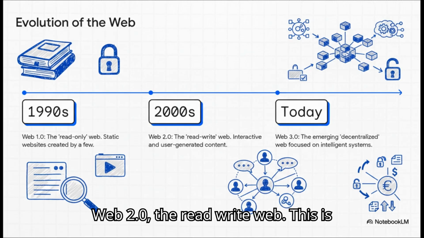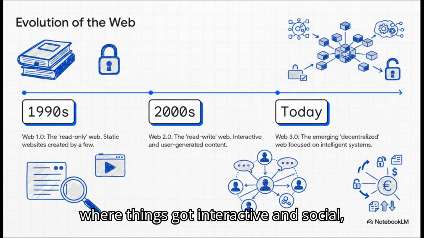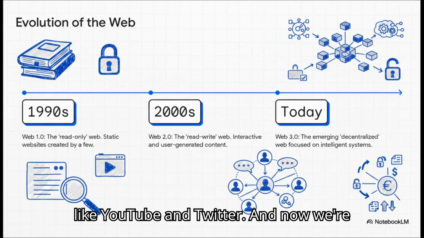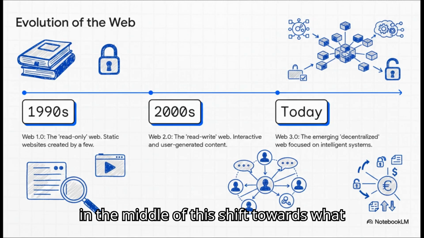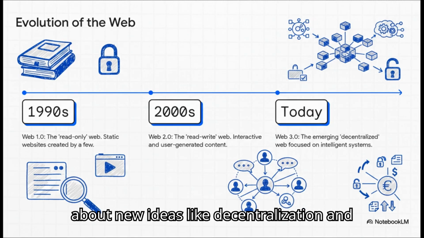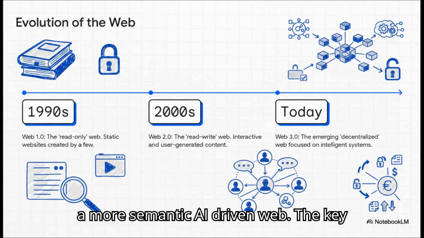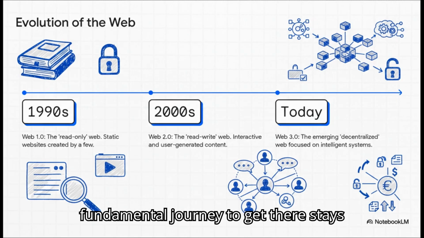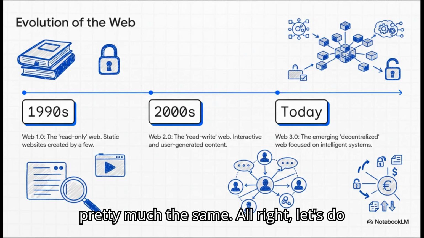Then came Web 2.0, the read-write web. This is where things got interactive and social, where we all became creators on platforms like YouTube and Twitter. And now we're in the middle of this shift towards what people are calling Web 3.0, which is all about new ideas like decentralization and a more semantic, AI-driven web. The key thing to remember is that even as the destinations get more complex, the fundamental journey to get there stays pretty much the same.